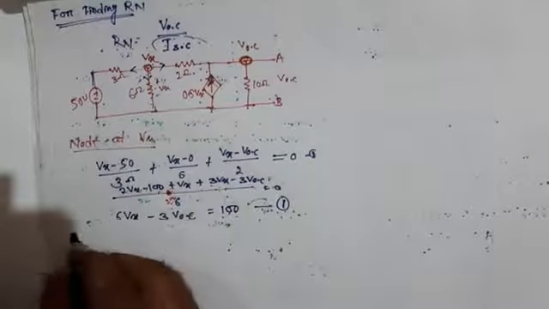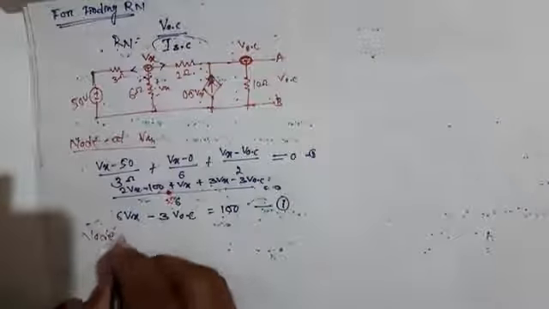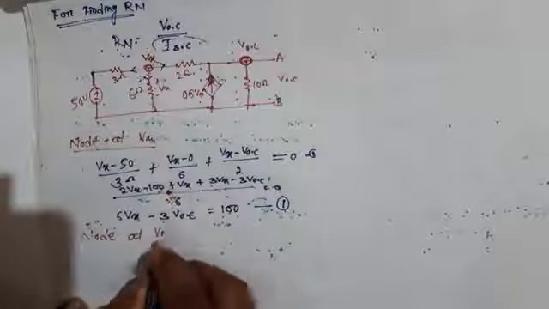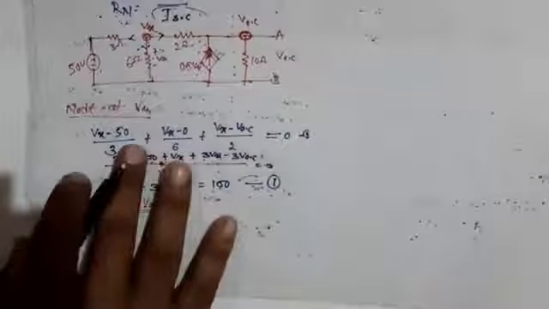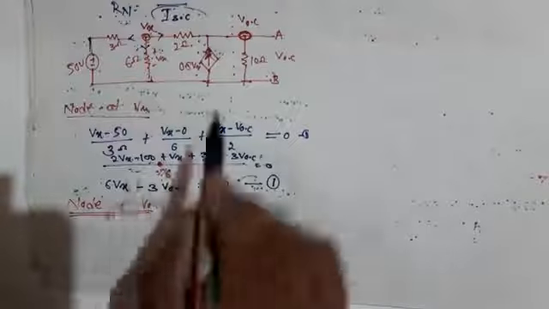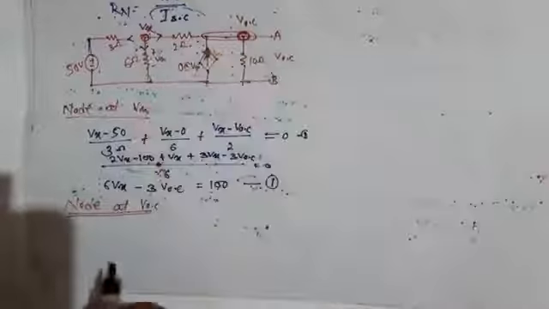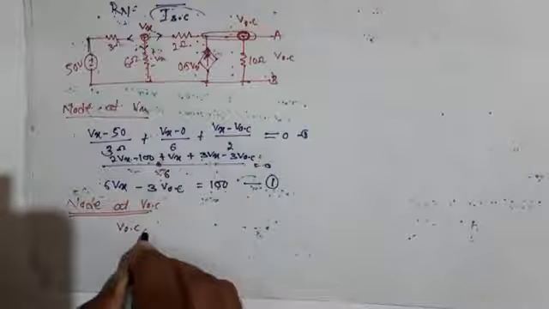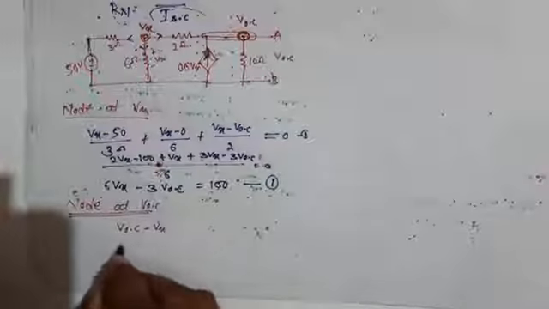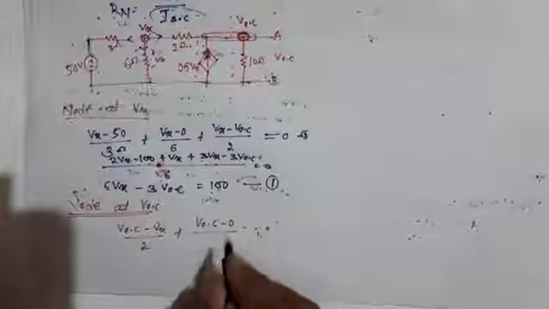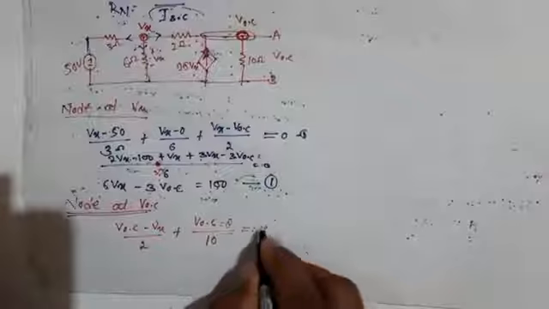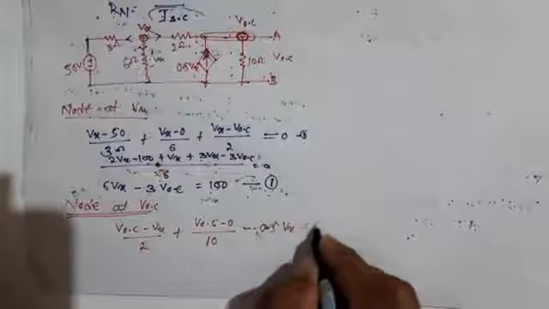Then the node equation at VOC. VOC means this node here. The current is entering here, and the other currents leave, so VOC minus Vx by 2, plus VOC minus 0 divided by 10, minus 0.5 Vx is equal to 0.